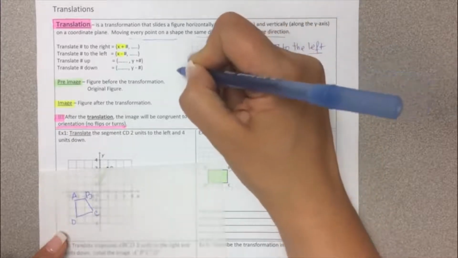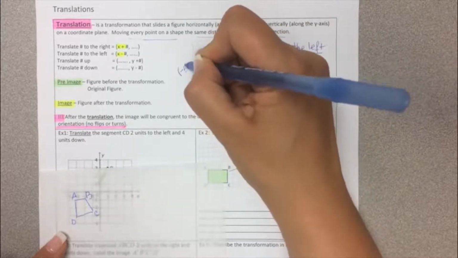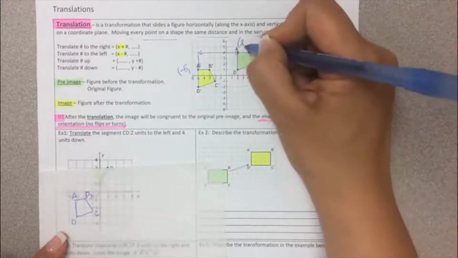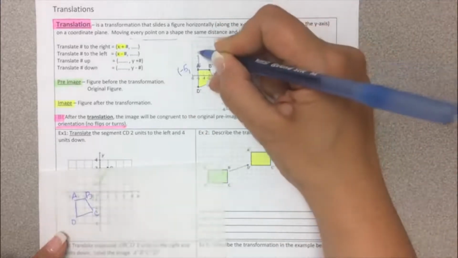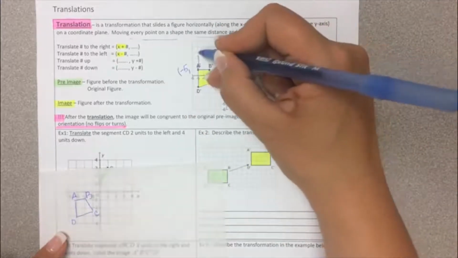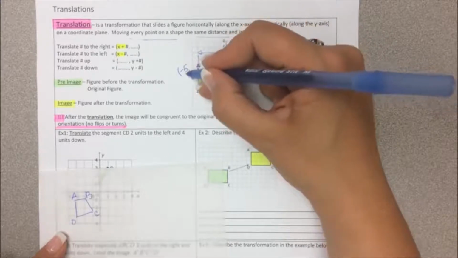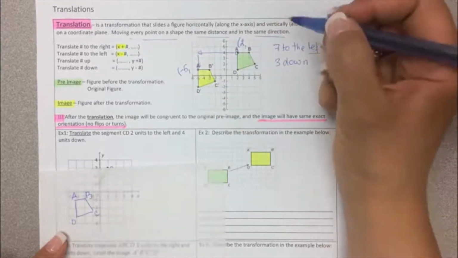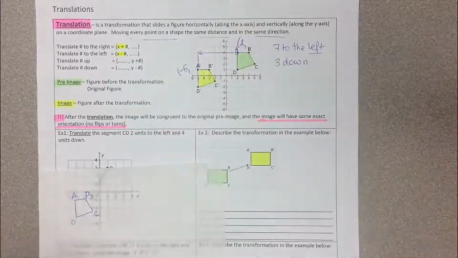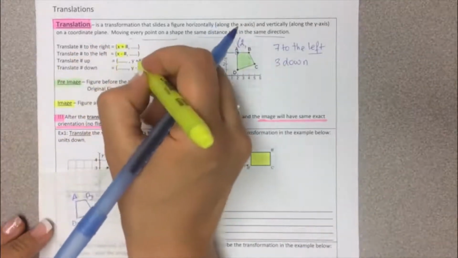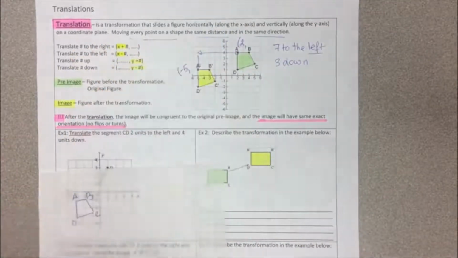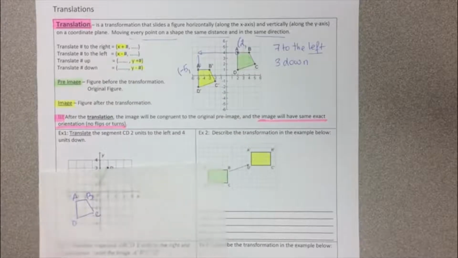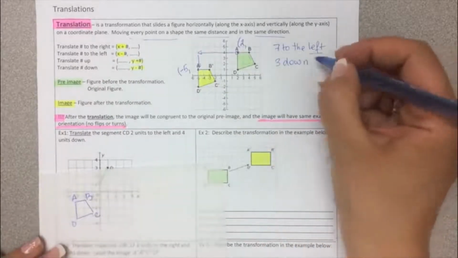And here is point A prime with the x-coordinate -5. 2 minus 7 units, or moving 7 units to the left, ended up in the x-coordinate -5. Then down: if I translate up or down, that means the y-coordinate, which is the y-axis.